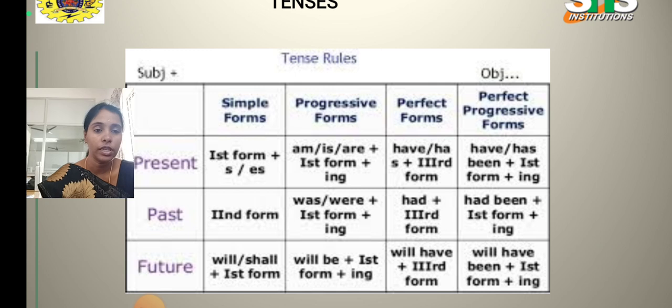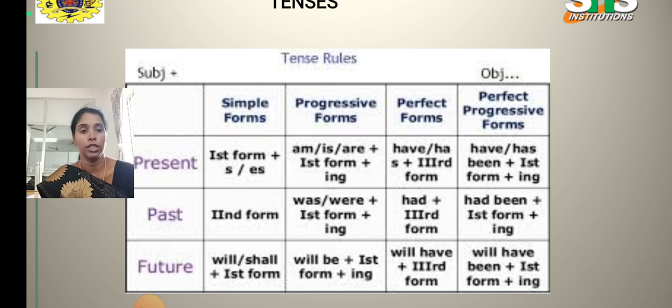In perfect tenses we are using have verbs, for all present, past, and future. Have verbs are have, has, and had. We use have verbs along with the past participle form of the main verb, which denotes the action of the sentence. That becomes perfect tense.